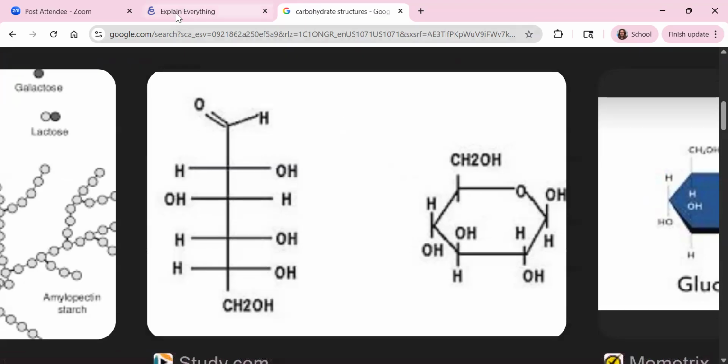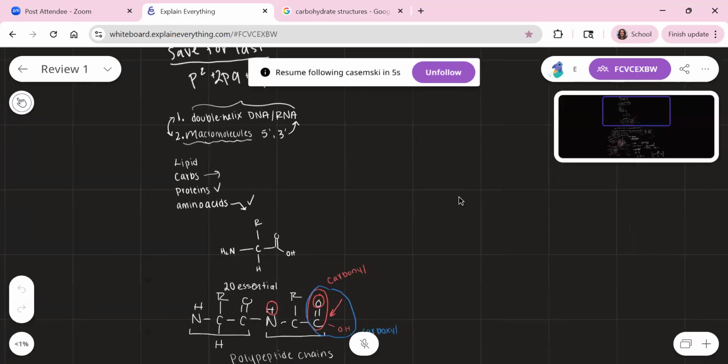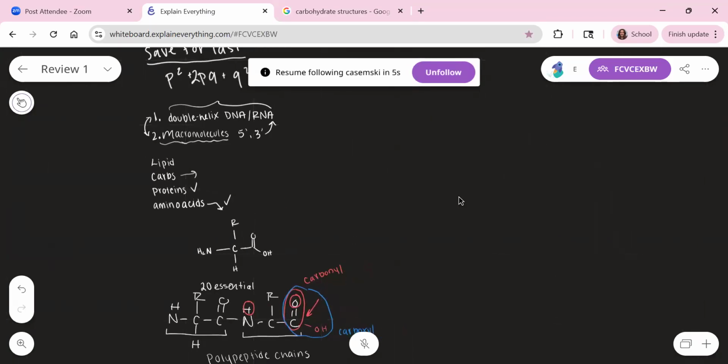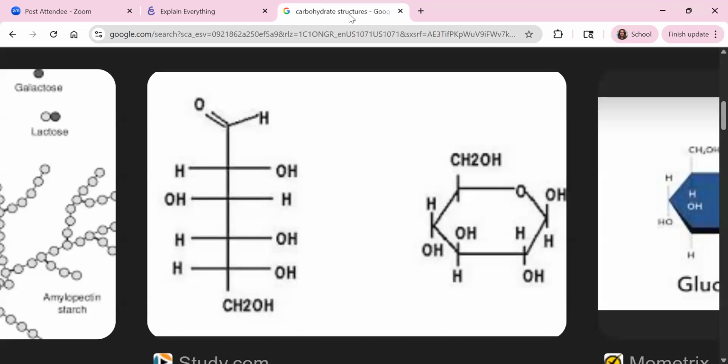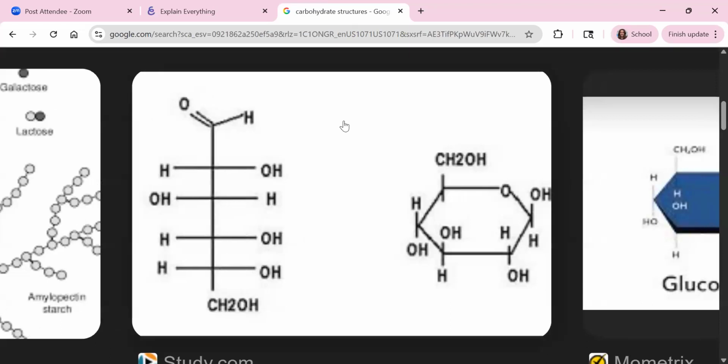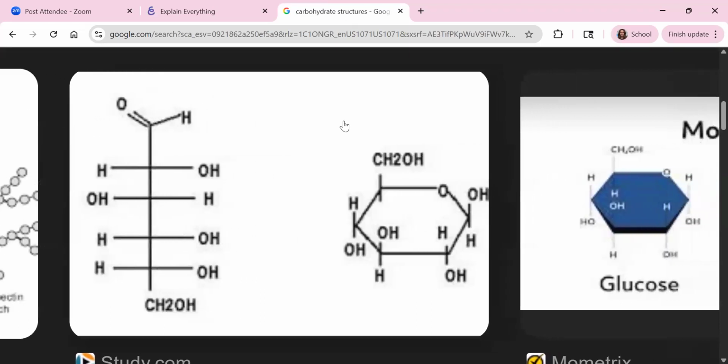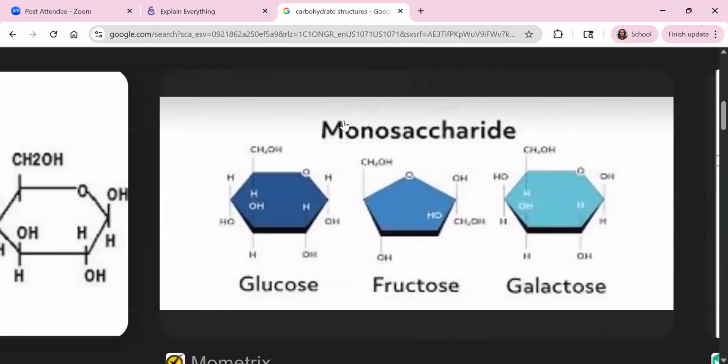It looks like a fish, I guess, if you want to think of it like that. It's spelled like this. And this is perfect, so we can look at these too.